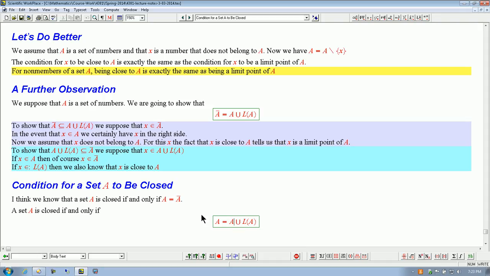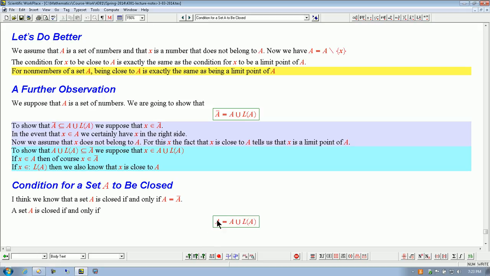Now, what makes this equation hold? The right side is the union of A with some other garbage, right? What makes this equal to A? That all these guys have to belong to A.